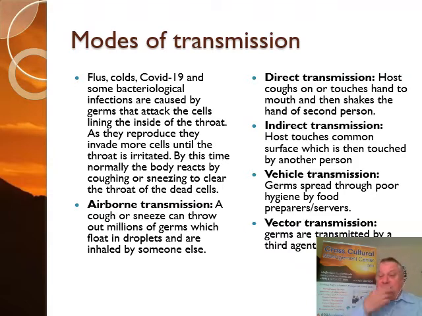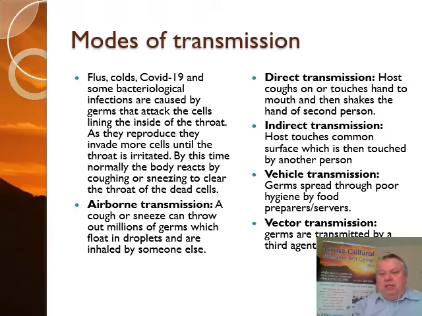So airborne transmission is when you cough or sneeze, or even just regular talking, stuff is coming out of your mouth, right? That's not a very pleasant thing to think about, but it's true, right? So that's why using a mask may be effective in preventing you from transmitting your disease to other people, and to some extent from catching a disease from other people.